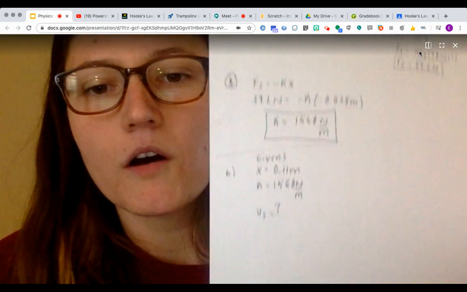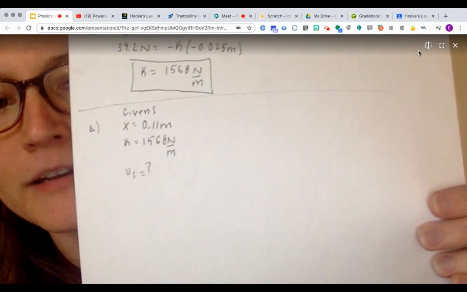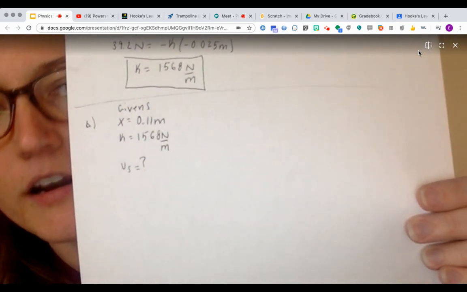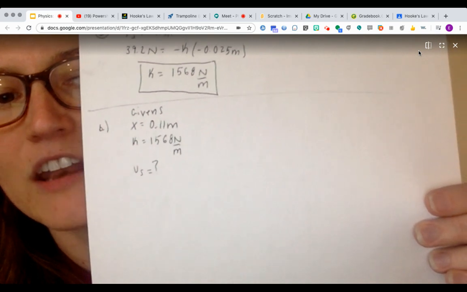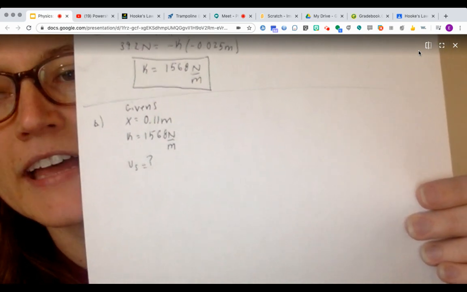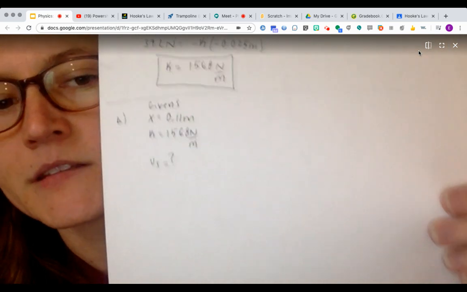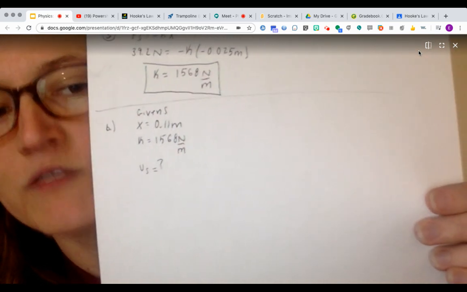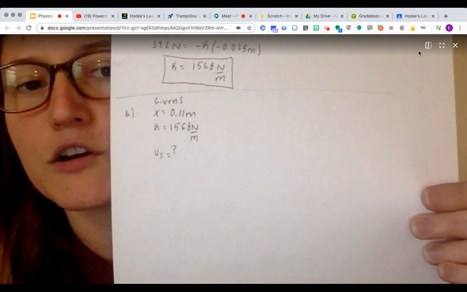Okay, so our givens for part B. X is 0.11 meters. K from the previous part is 1,568 newtons per meter. We need to find U sub S, the elastic potential energy. So lucky for us, we only have one variable to solve for, and we can use the elastic potential energy equation to do that.